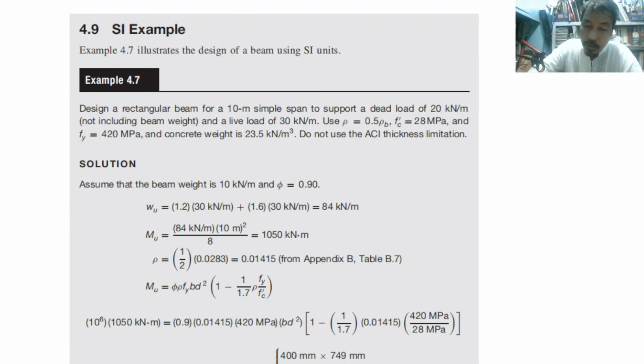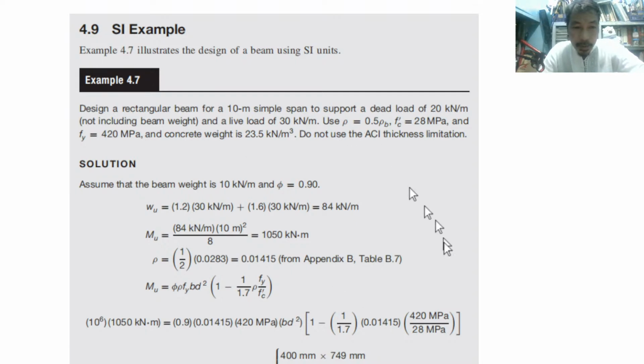All of those must be reviewed. I will not discuss it here, but in problem solving, you have to use those formulas. In exams, in quizzes, you have to use those formulas.